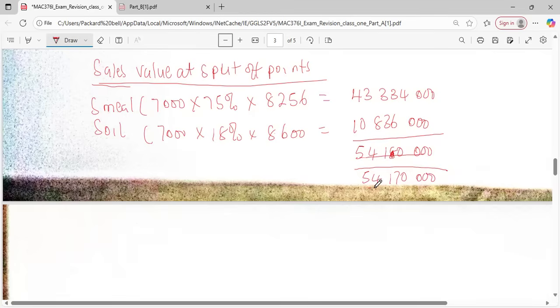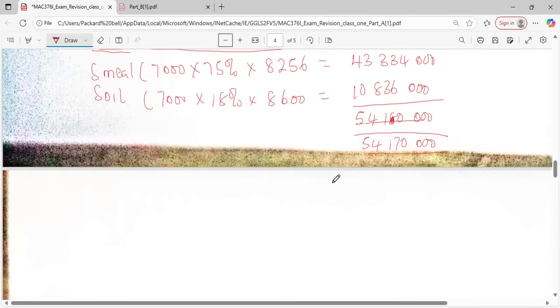So when we have the sales value at split off point, what are we going to do now? We share the joint cost using the sales value at split off point. So now we can say joint cost allocated.